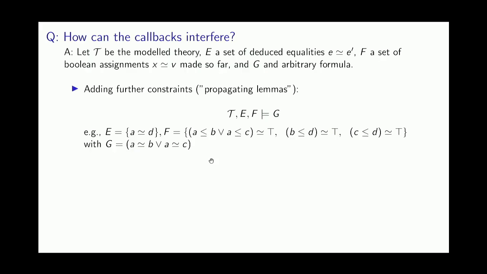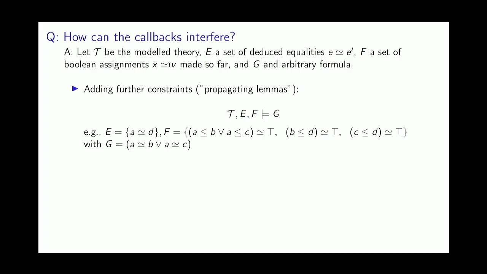So there are three ways how the callbacks can communicate with Z3. The first is by propagating new lemmas. So assume the user propagator already knows a subset of equalities that are reported by the user propagator to Z3, and also some assignments.